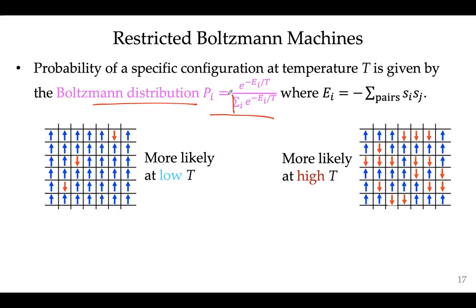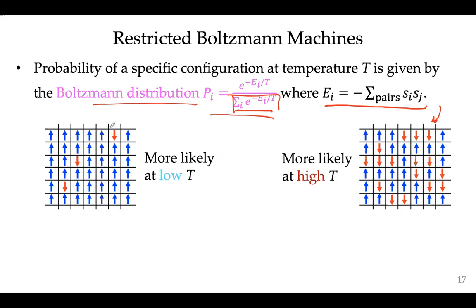And in the denominator, there's this normalization term, so it's just a number. So the probability of any state or configuration is proportional to the exponential of the energy of the state. And again, you can calculate the energy of a given configuration, for example this one, by multiplying the spin directions, either positive or negative.